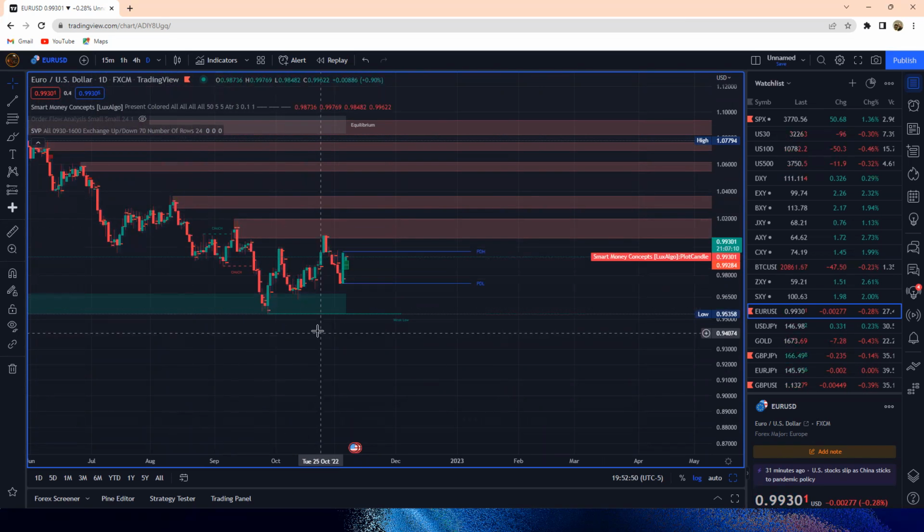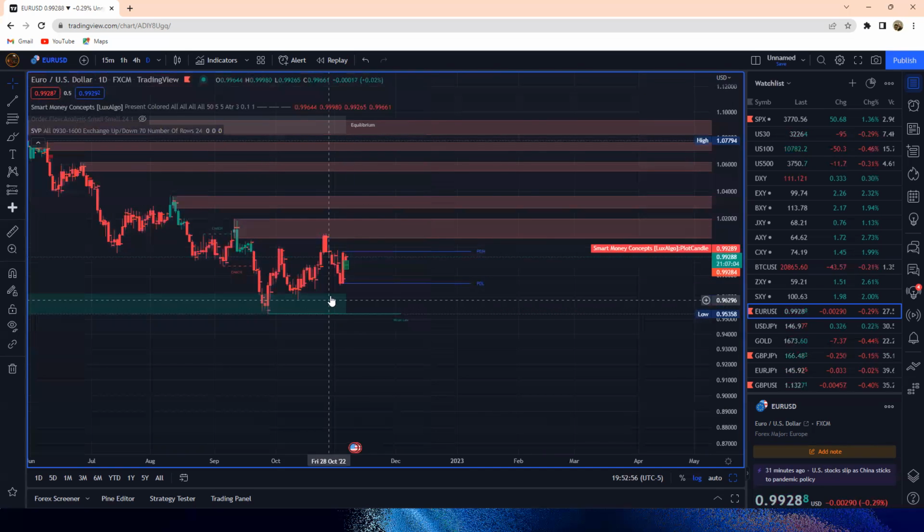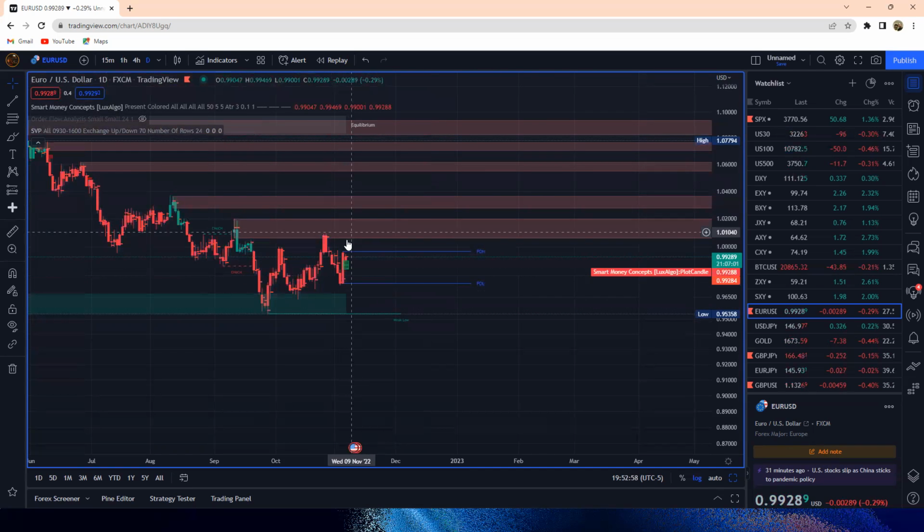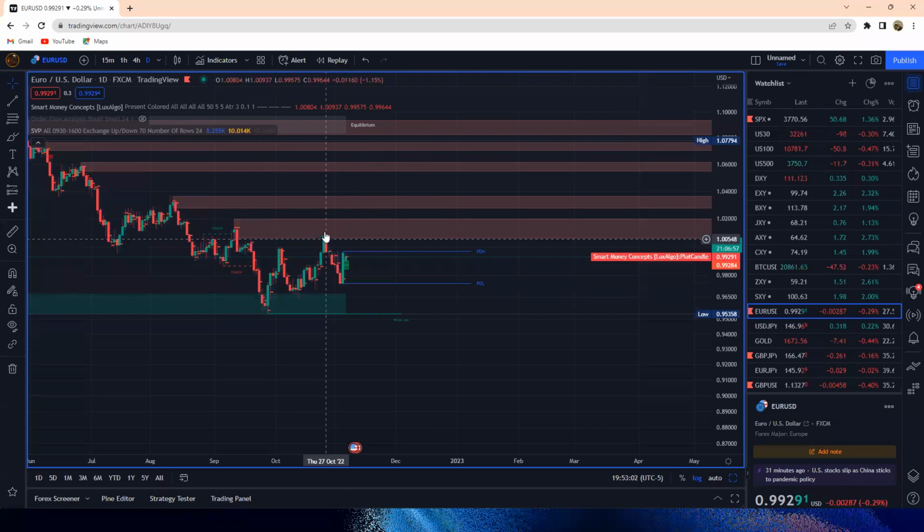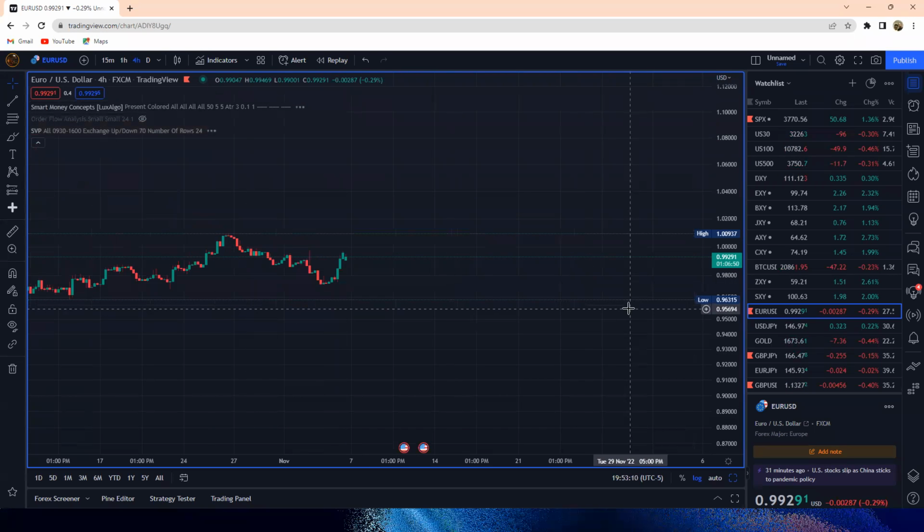So overall, we're still a bit bearish, but as we can see, the market has been continuously moving up. I would probably look for a break of this area right here before we get into a buy trade, for some significant movement in the way of the bulls.